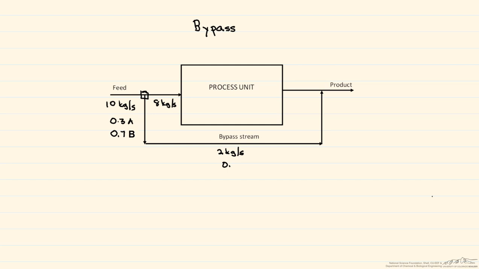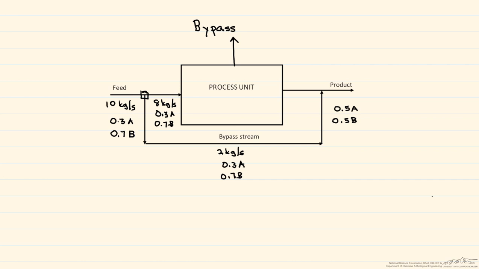Therefore, this stream is going to be 0.3 A and 0.7 B, and this stream is going to be 0.3 A and 0.7 B. So the process unit removes enough B, so let's say we have a stream here of B such that the final product is 50% A by mass. So if this is 50% A, then it has to be 50% B as well.